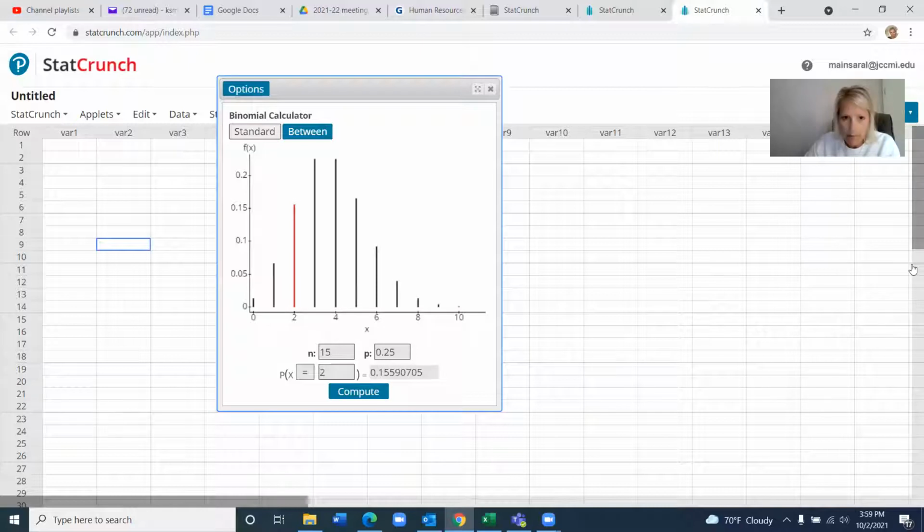The probability of 2 is equal to 0.156. It says to round to 4 decimal places, so 0.1559. Let's read B together and then we'll do it on the screen. B says N equals 85.